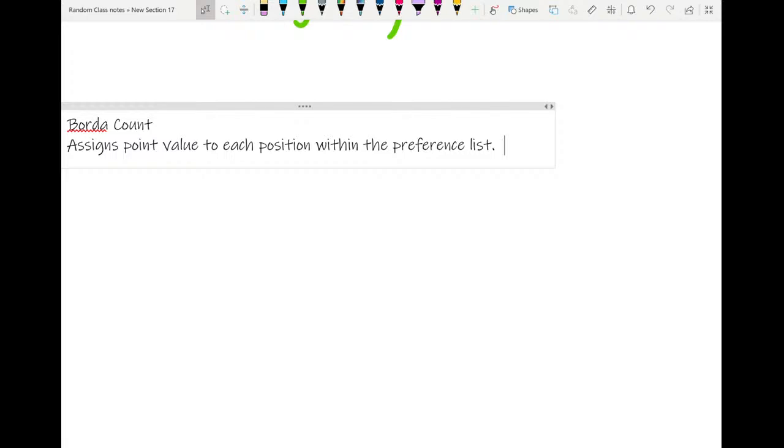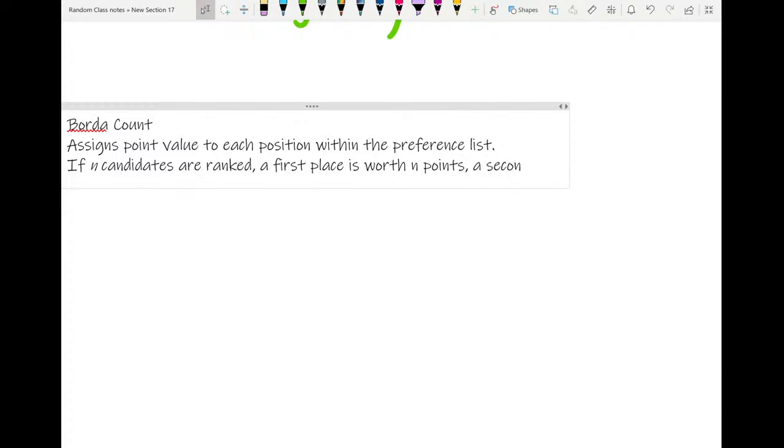Now, once you have the preference list, what you do is you look at it: if n candidates are ranked, a first place is worth n points.